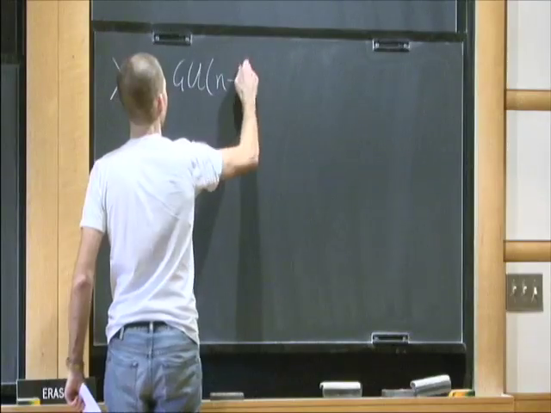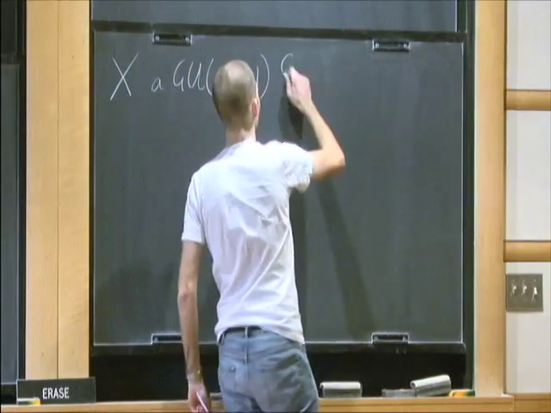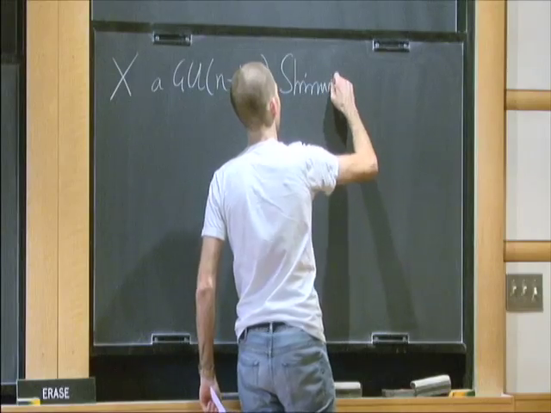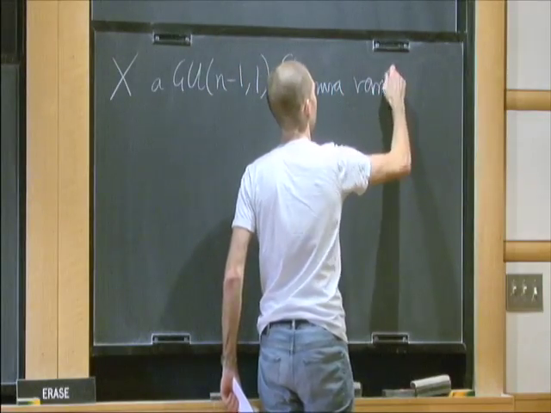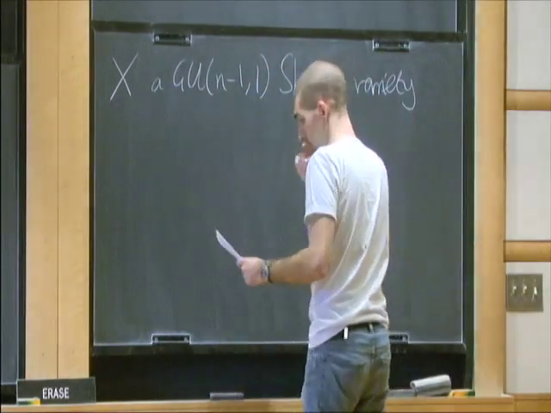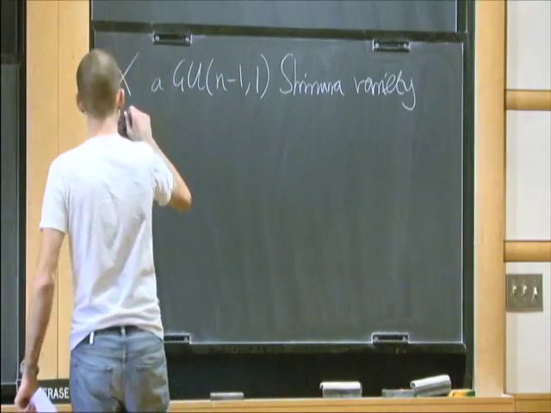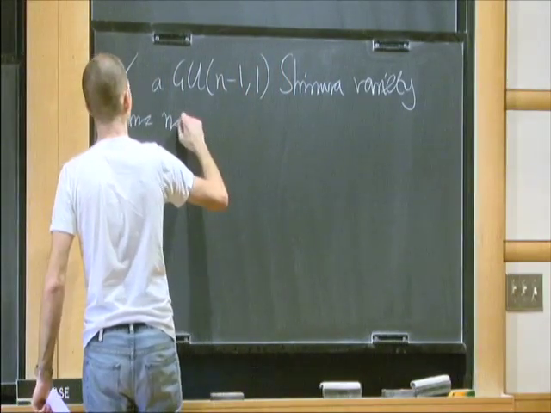So we have X is a GU(n-1, 1) Shimura variety of some neat level.